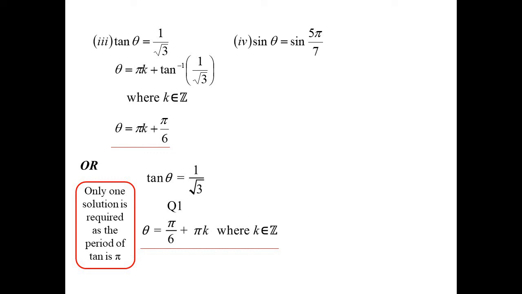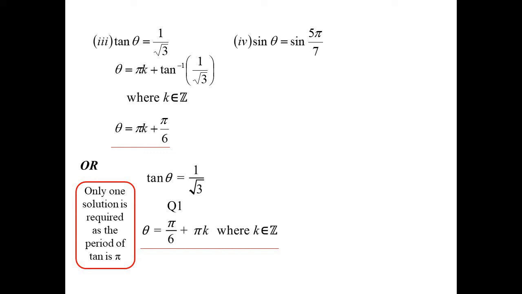So you really only need to find solutions in the first or second quadrant. Well, in this case, there's only going to be an answer in the first quadrant, because when you then generalise it, you will get the third quadrant answer, because you'll add pi on, because that's the period. So that's our answer.